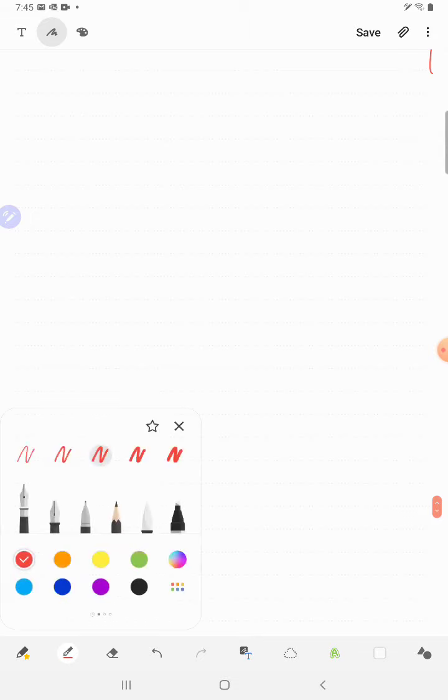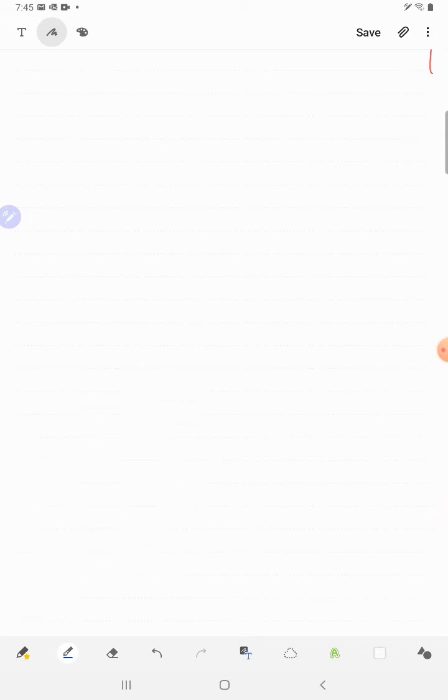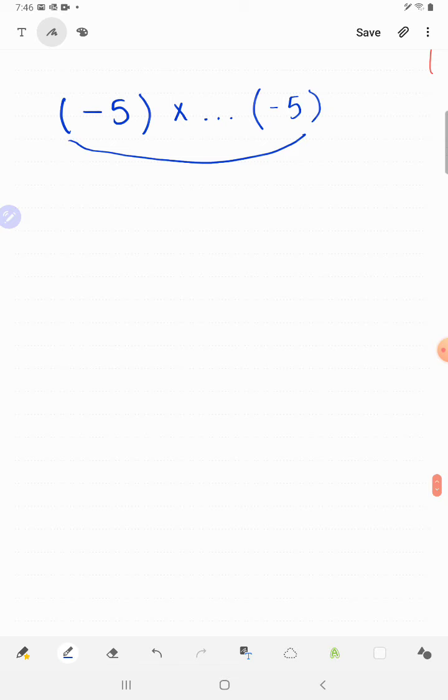Next, I want to go over the way that you are going to see the math being presented to you with Eureka. So the way Eureka does it, you will see something like -5 times ... -5, and then underneath it there will be a long bracket, and then it will say 7 times.